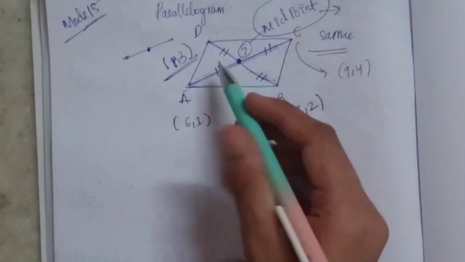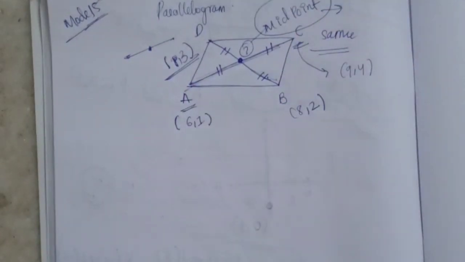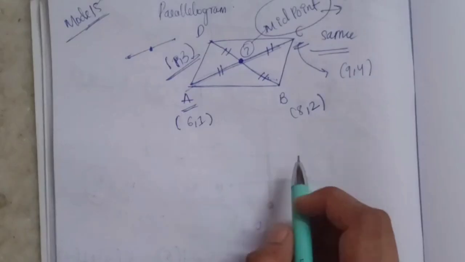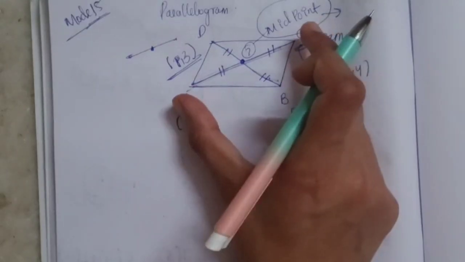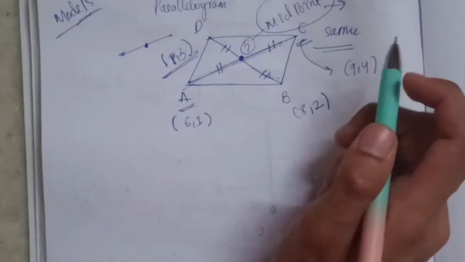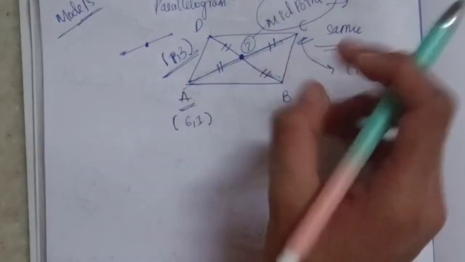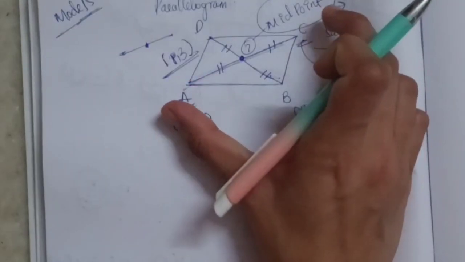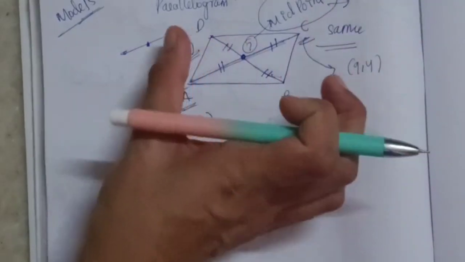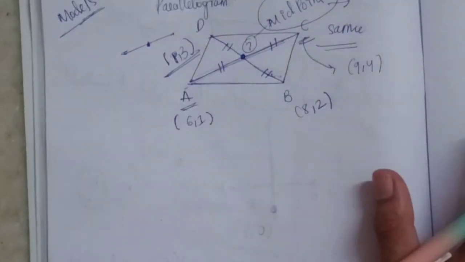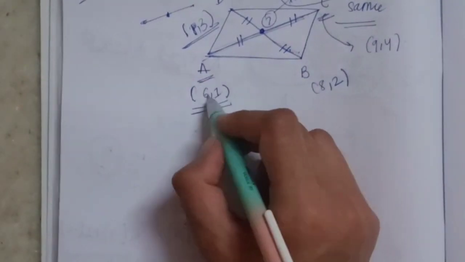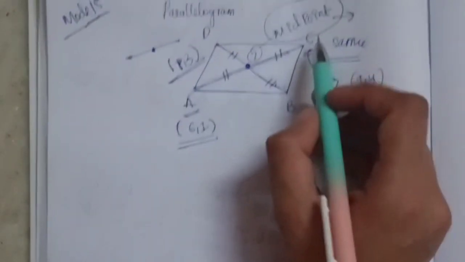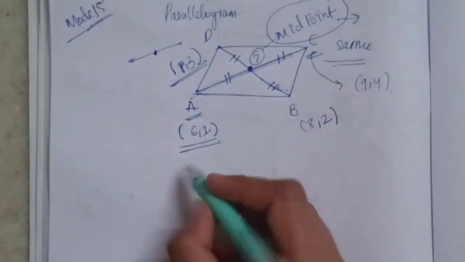Just find the midpoint of both diagonals. So I need to find the P. Just find the midpoint of this diagonal and the midpoint of this diagonal, and equate them because both are the same. What is the midpoint of (6, 1) and (9, 4)?